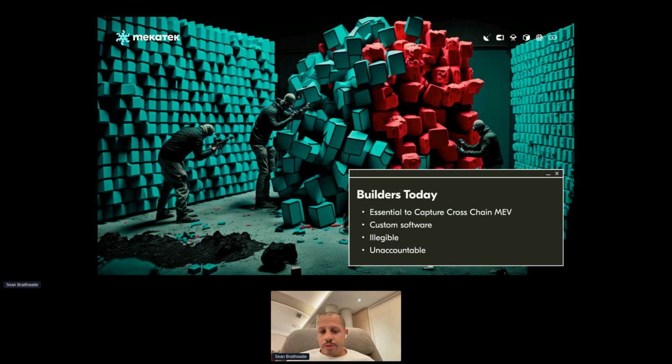Another problem with off-chain builders is it's never clear who is running them and what those builders are contributing to the block. Whether they're front running, censoring, or doing any kind of nefarious operation, it's impossible to know, and it's not possible to know what validator is working with them. So in this way, block builders are unaccountable.